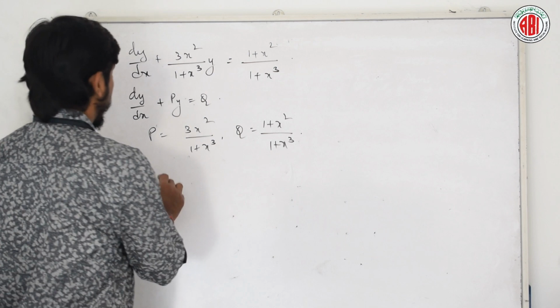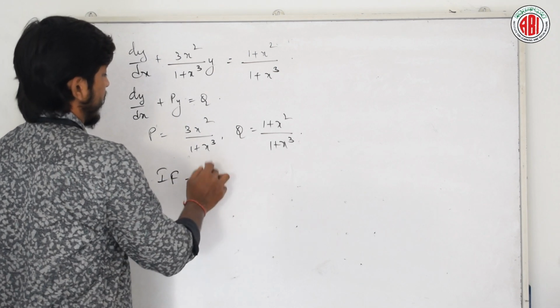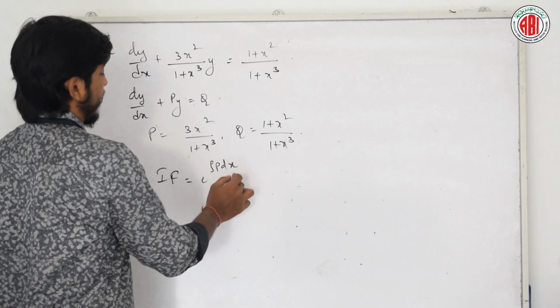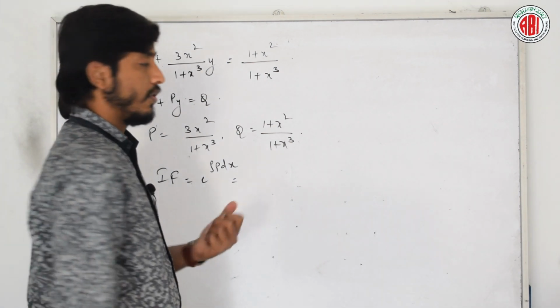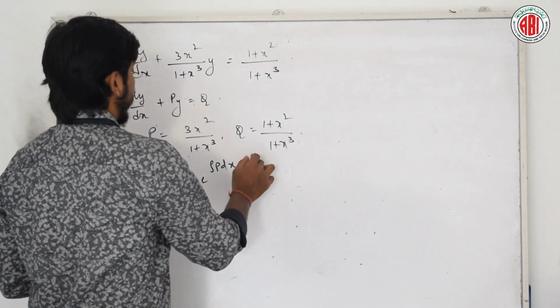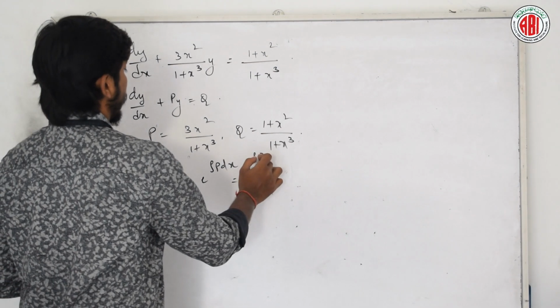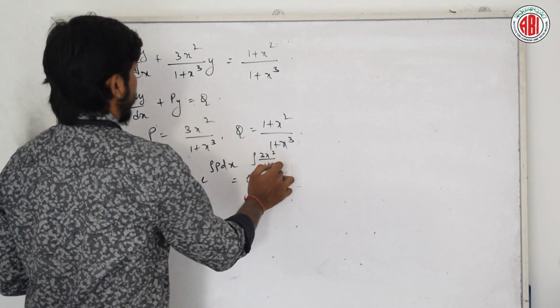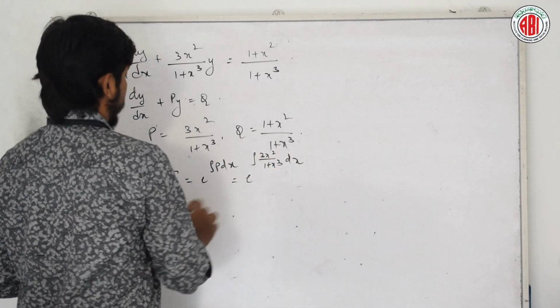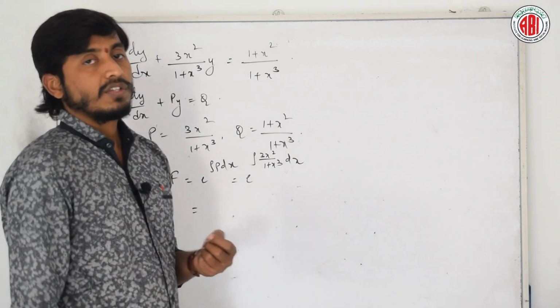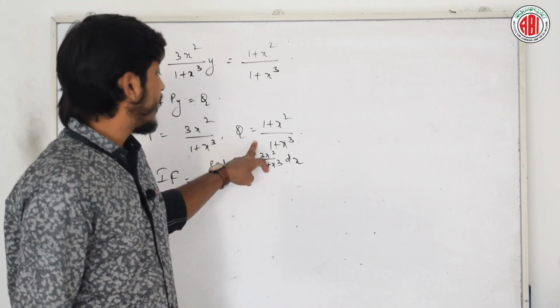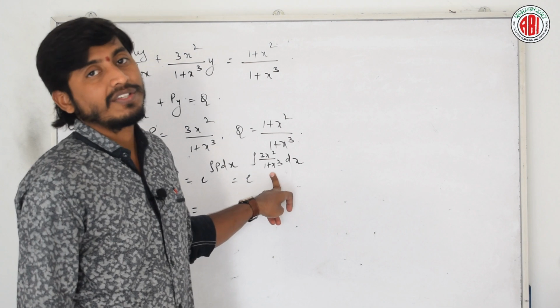How do we find the integrating factor? Integrating factor is e power integral p dx. So, it will be e power integral of 3x square by 1 plus x cube dx. How do we solve this integral?